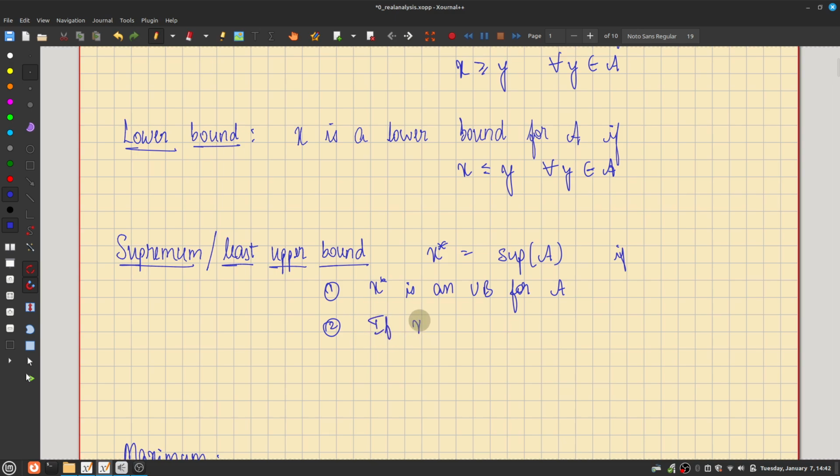So if x is any upper bound for A, then x star is less than or equal to x.